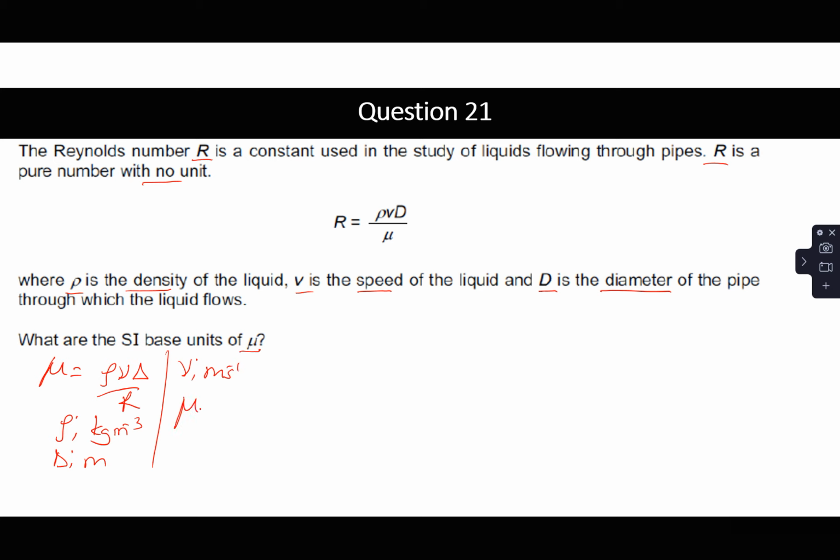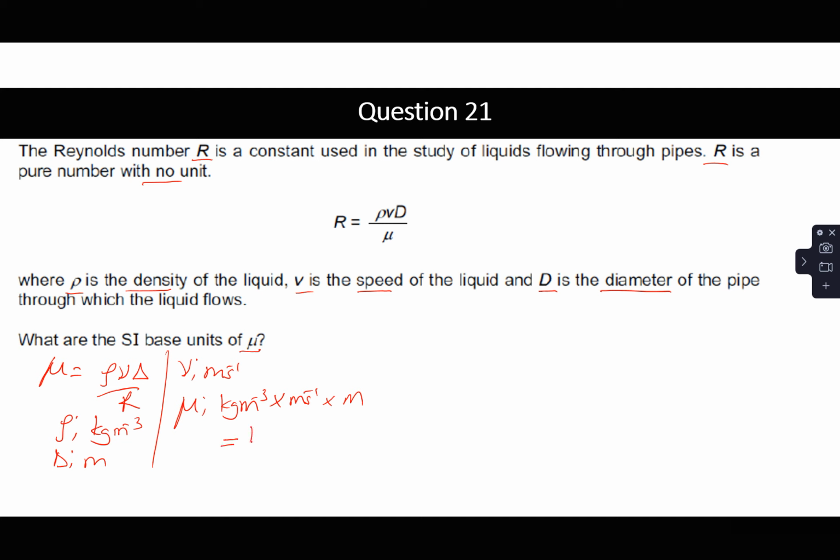So the base units of mu will be density, that is kilogram per meters cubed, times V, which is meters per second, times diameter, which is meters. Of course, R has no units, so I will not include it there.